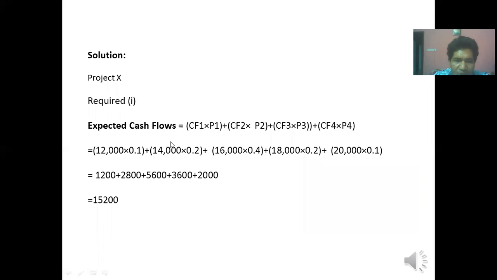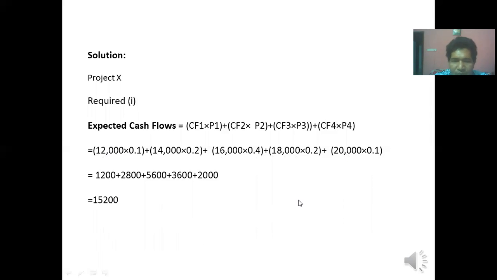First for project X, there was 12,000 with probability 0.1, 14,000 with probability 0.2, 16,000 with probability 0.4, 18,000 with probability 0.2, plus 20,000 with probability 0.1. So in total we multiply and add all of the amounts, that is 15,200.